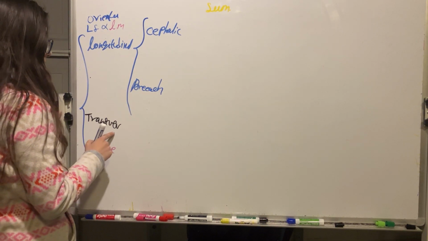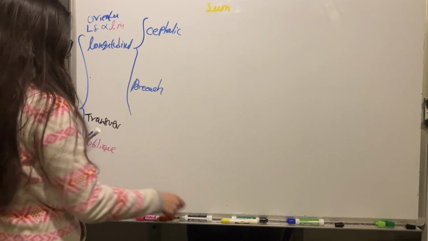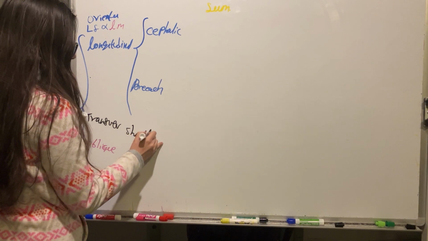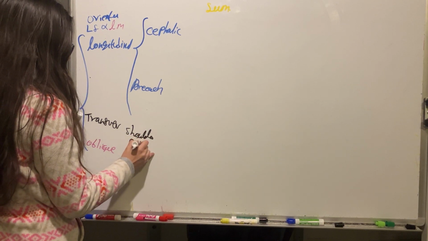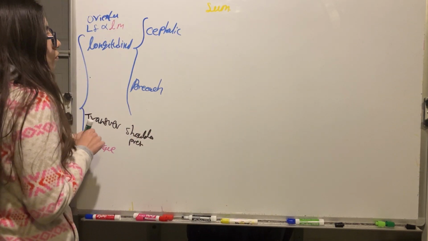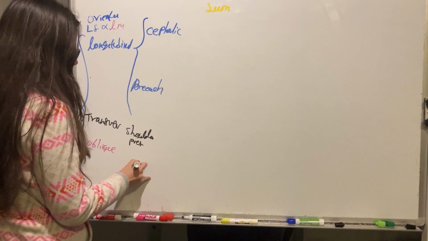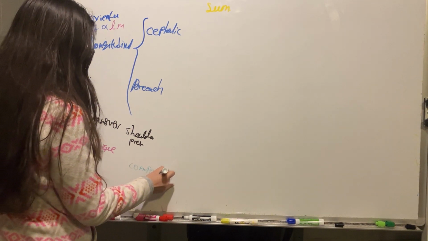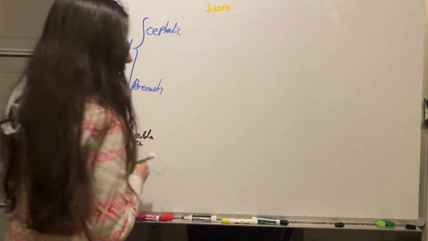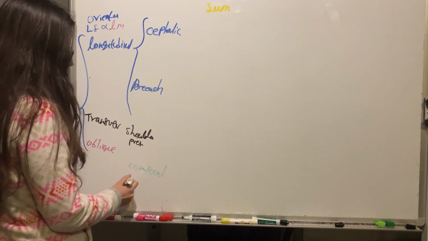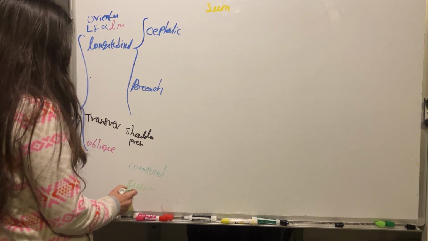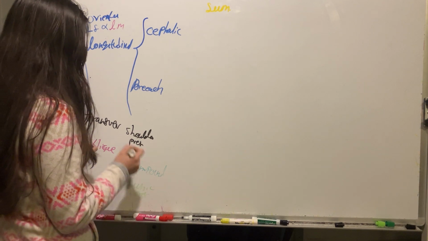For transverse orientation we have shoulder presentation, and we can also have other presentations, which is compound presentation, which is when we have several parts of the fetus that are presenting to the birth canal, or we can have funic presentation, which is when the umbilical cord is the presenting part.